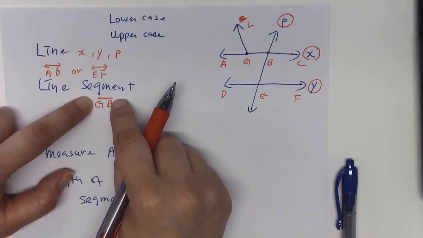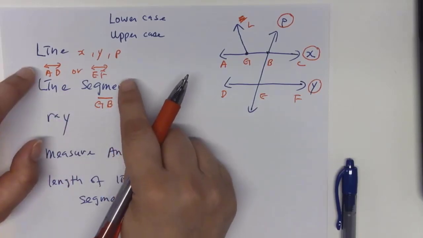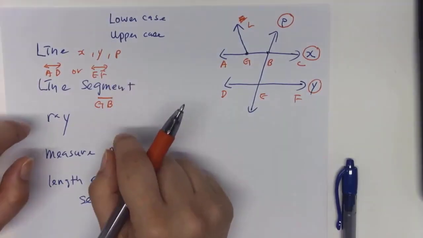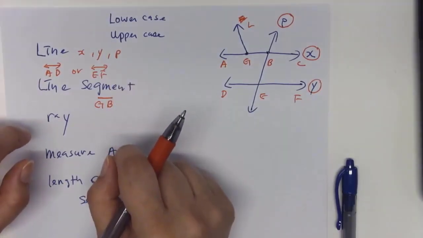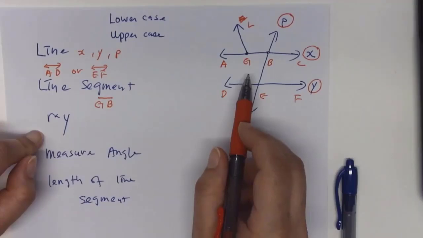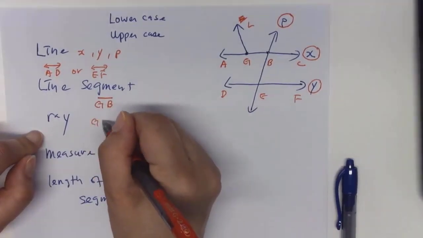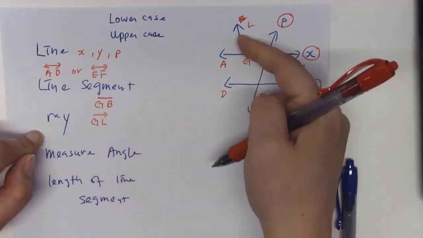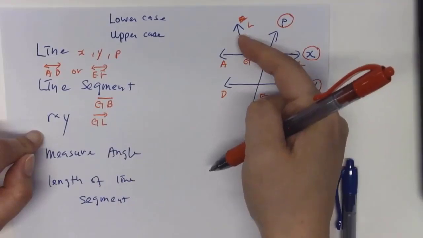No, not for a line segment, right? Which one has an arrow? A line has a double arrow, and which one has one arrow? The ray has one arrow. Can you give me a ray? G and what? G and L would be fine. We have one arrow pointing to L, but not the other way around, okay?